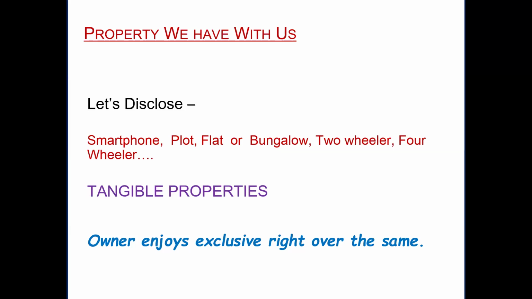Let me tell you one example: even if we have one 10 rupee pen in our pocket, and somebody asks to borrow that pen while we are in a bank or some public place, we are very serious about whether that gentleman will give us the pen back. So we are so considerate about the properties that are tangible in nature.